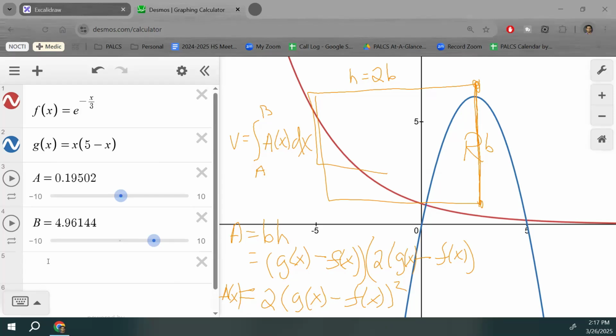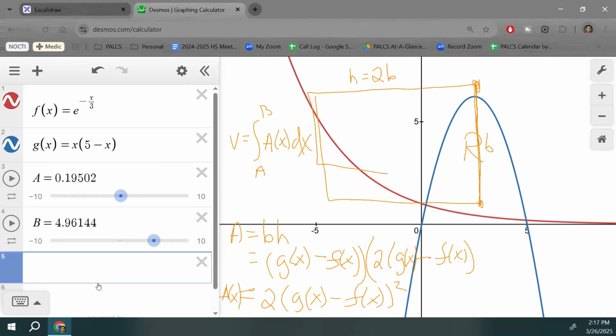Now, to actually get the volume, we could do the integral from a to b of 2 times g of x minus f of x quantity squared. Make sure that 2 is not squared, just the g minus f, dx, and you get 172.303.